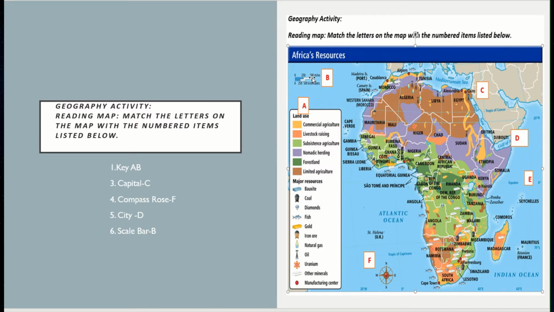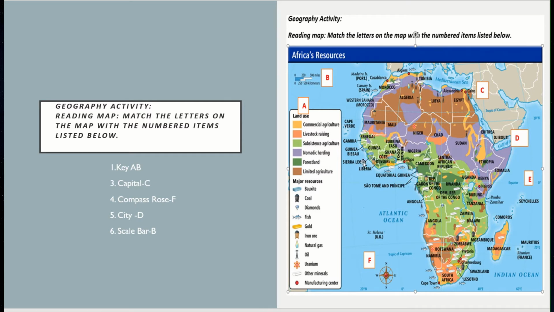This is the scale bar which helps to measure the distance between countries. As you know, on the map we cannot show the actual distance as we experience between two destinations. For example, the distance from Dubai to Abu Dhabi is approximately maybe 100 kilometers.